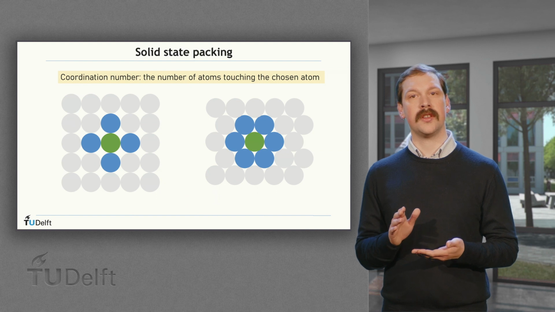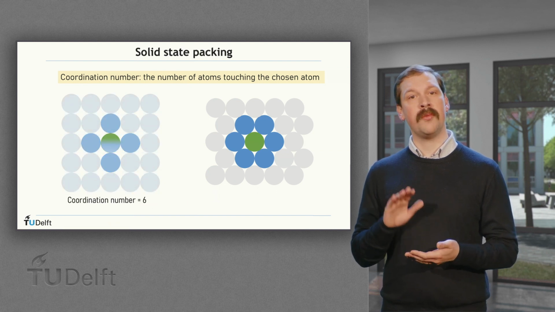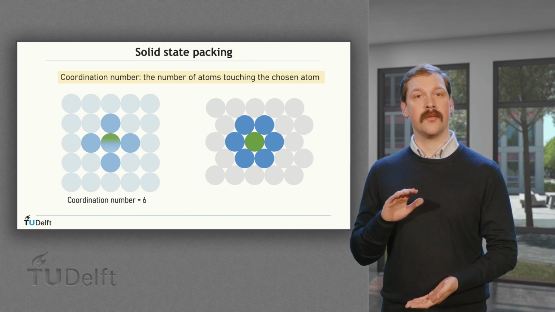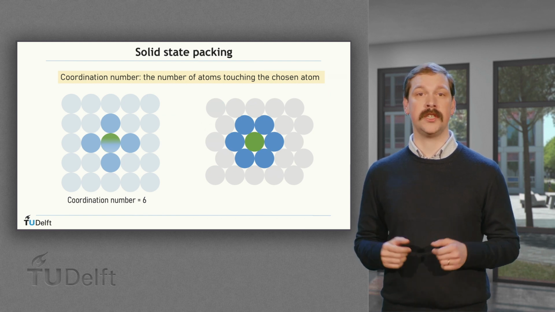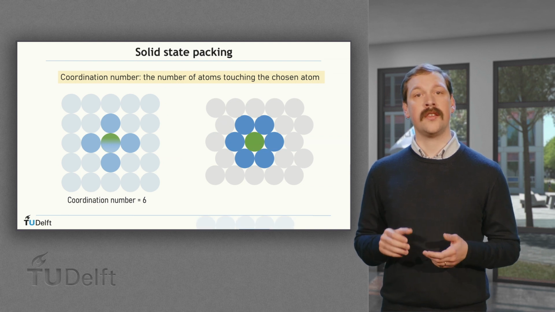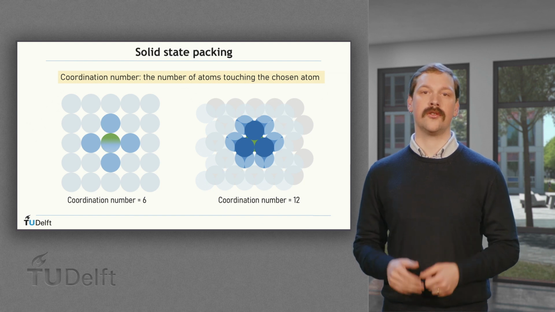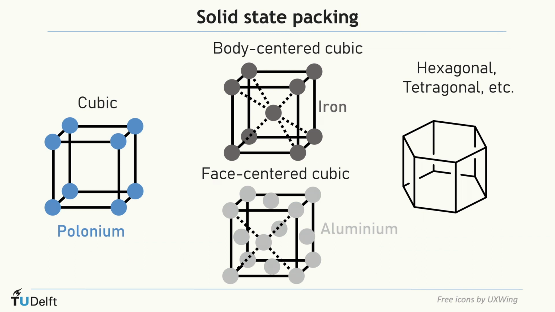In the square geometry, the central atom touches two more atoms, one from the plane above and one from the plane under, for a total coordination number of 6. In the hexagonal geometry, instead, it touches 3 more atoms above and 3 more under, for a total coordination number of 12. The orientation of the layers defines the geometry of the unit cell.